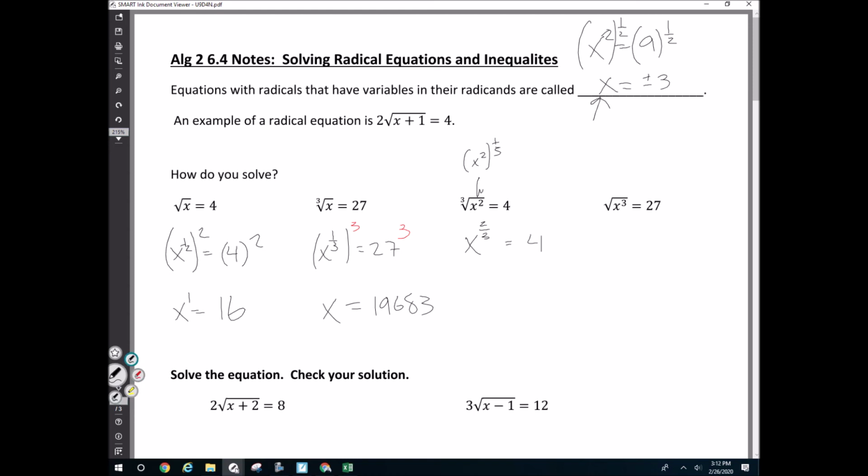Miss Pierce, what do you multiply 2/3 by to get 1? Two-thirds times 2/3 is a good guess. Type in 2/3 times 2/3 into your calculator. You get 0.44444. That's 4/9.